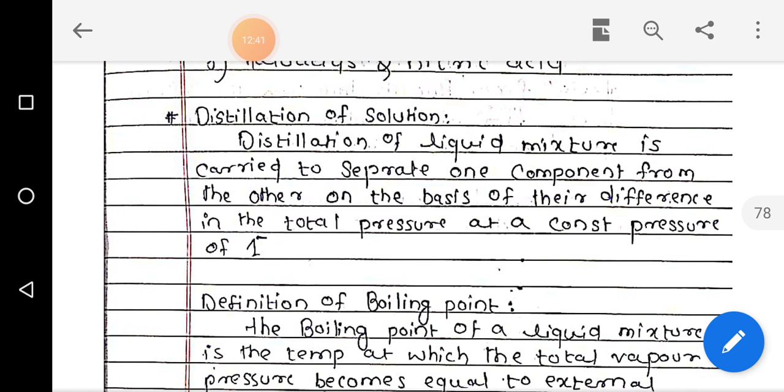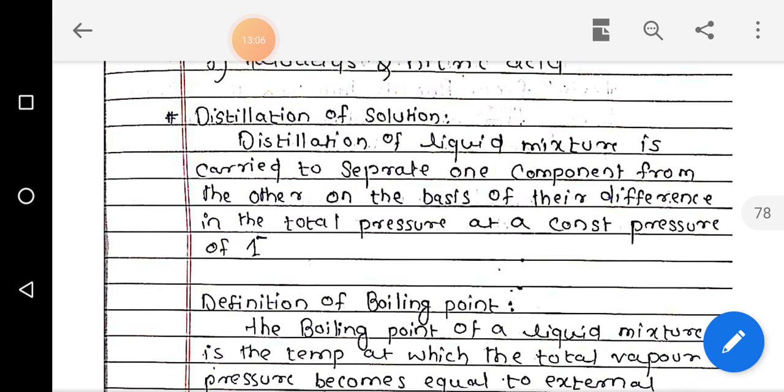heating used in distillation. Because if there is only a solid and liquid, you can easily separate, but if there are both volatile liquids at that time, it will require specific equipment, that is distillation of the solutions. So it is the most important topic as we study it in organic chemistry, separation chemistry or analytical chemistry.